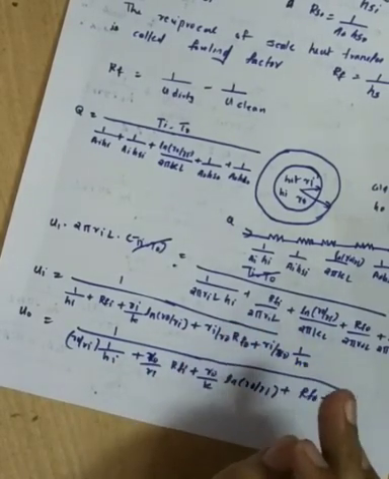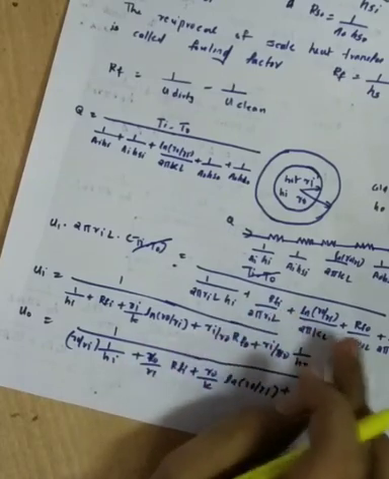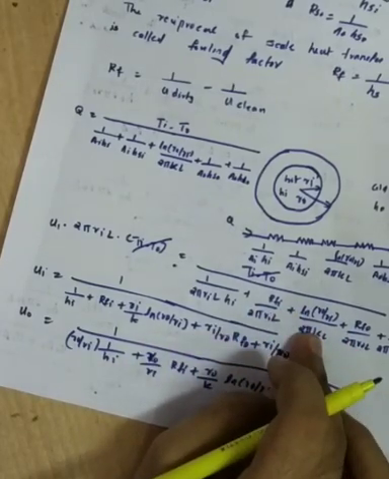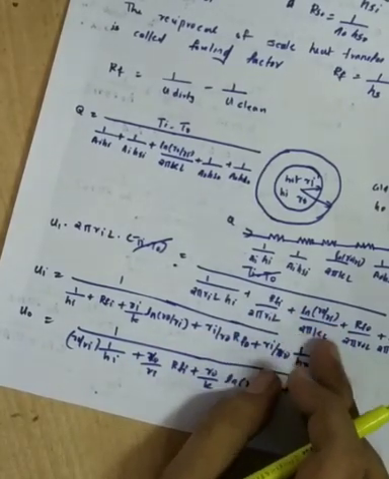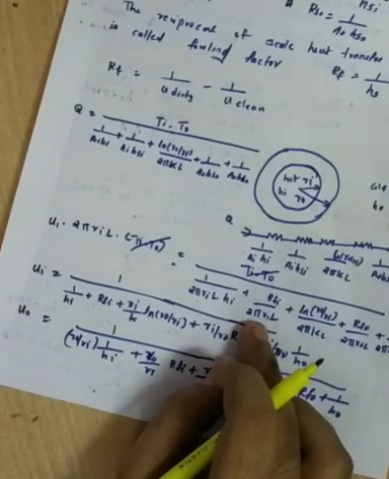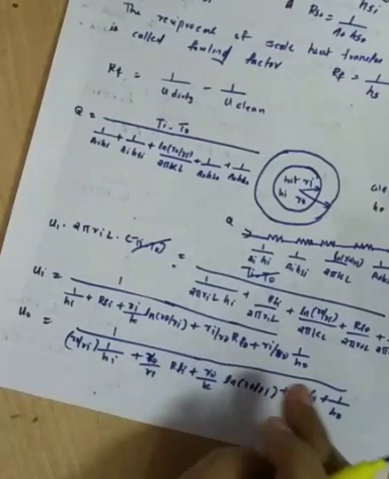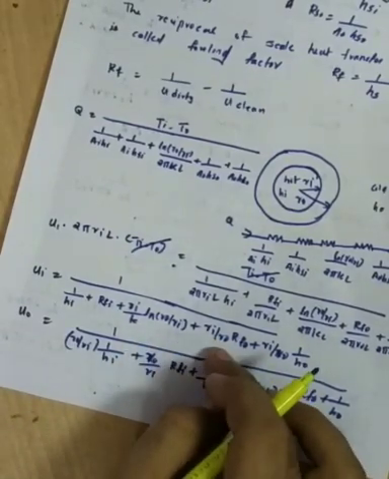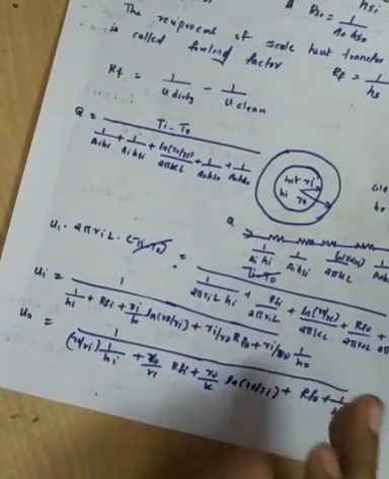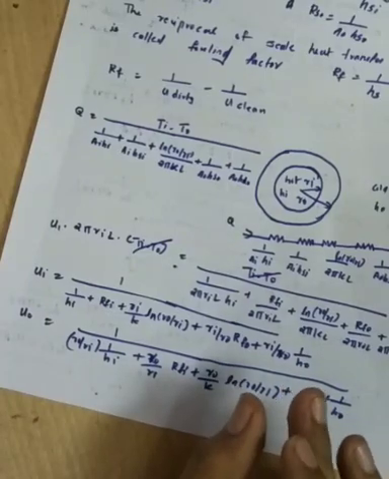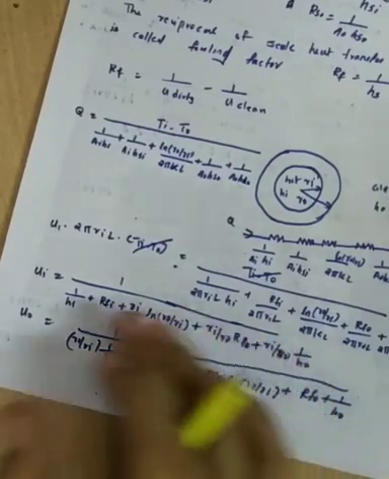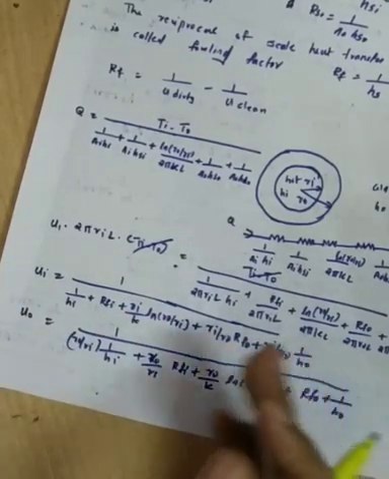So we can neglect the thermal resistance offered by the material, that is log Ro by Ri, and the thermal resistance offered by the scaling, that is RFI and RFO. And for Ri by Ro or Ro by Ri, since the thickness is very small, we can take Ro by Ri as 1.